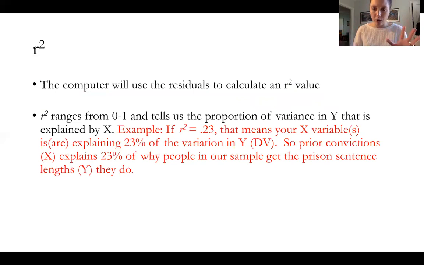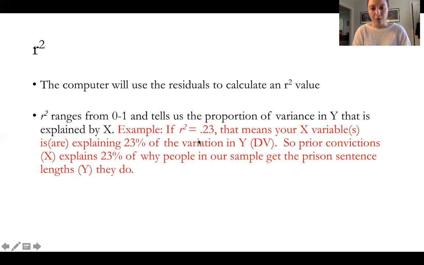Because remember, we're trying to explain why some people have a lot of time in jail, some people have a little bit of time in jail, and some people have not a lot of time in jail at all. There's a lot of variance on that variable. It can go up and down. So this is telling us how much prior convictions explain that variance.